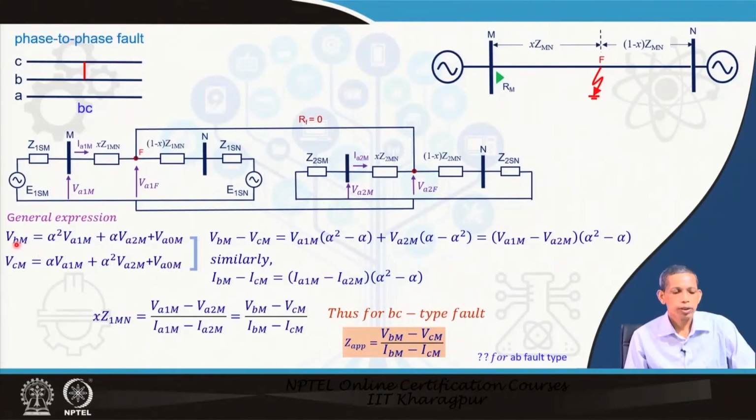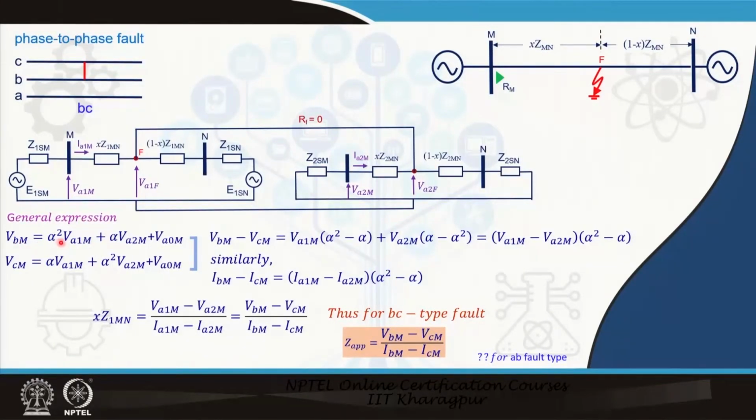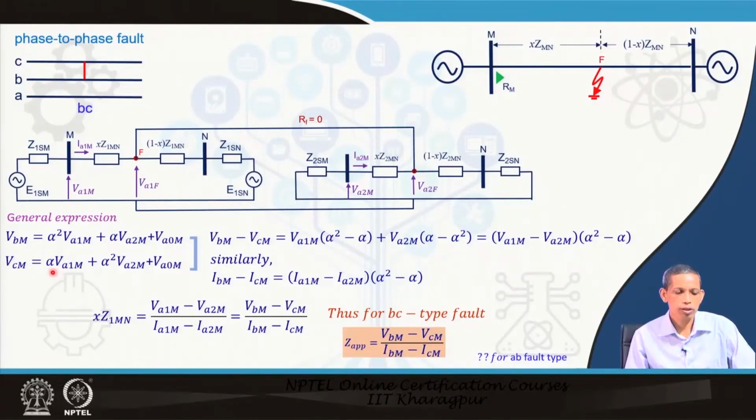We know that the phase voltage VBm can be expressed in terms of the positive sequence voltage, negative sequence voltage and zero sequence voltage, from the sequence component relations. And for phase C also, the corresponding relation becomes alpha VA1m plus alpha square VA2m plus VA0m. So, these are the general expressions for phase B and phase C.